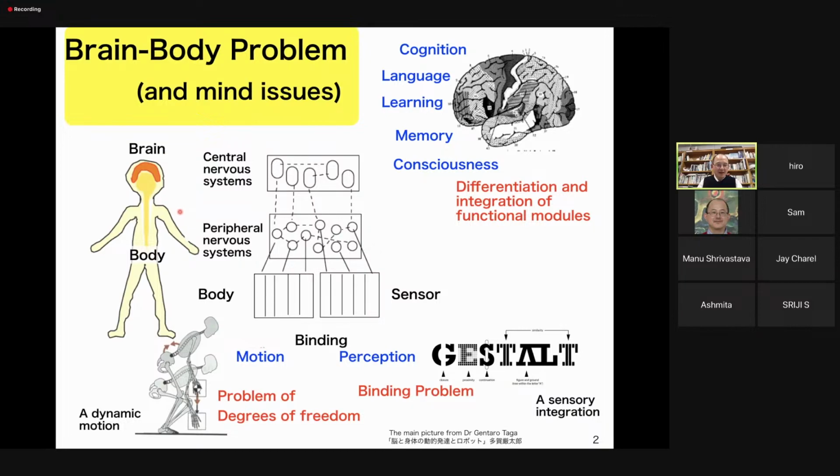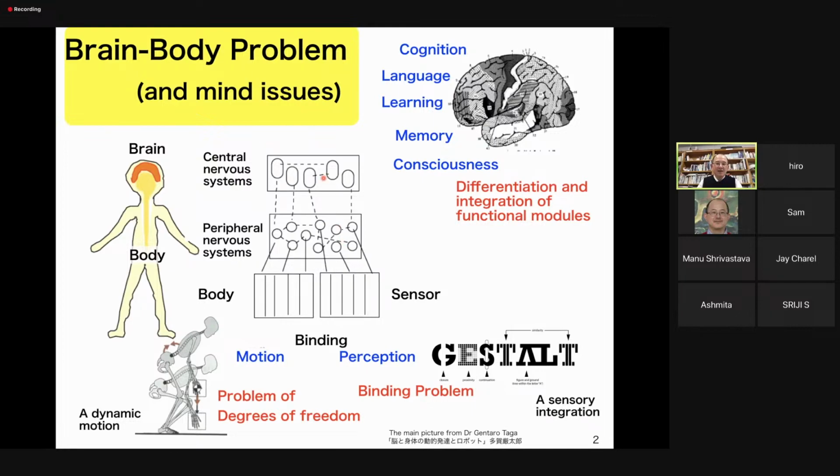More particularly, the central nervous system forms the brain. The peripheral nervous system connects individual muscles and bones or some other organs. Then body and sensors connect the peripheral nervous system and the central nervous system.